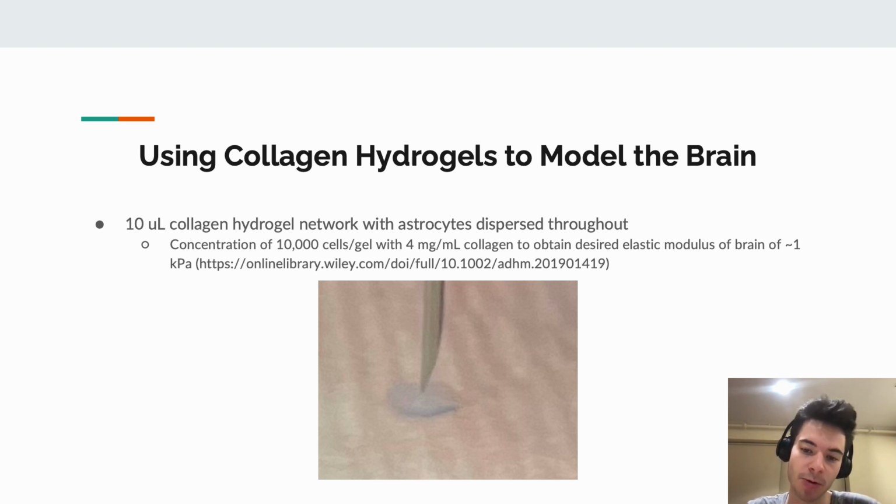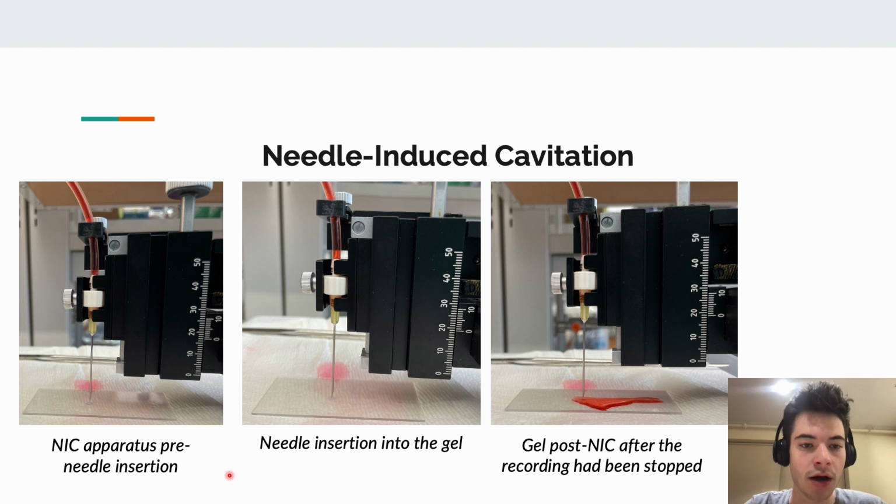So in doing this, we were really able to get that feel, and as you can see here, this collagen hydrogel is very, very small, so we're able to make a lot of them. We're able to really fine-tune them and see exactly what we want to see, and able to grow astrocytes in and make it work.